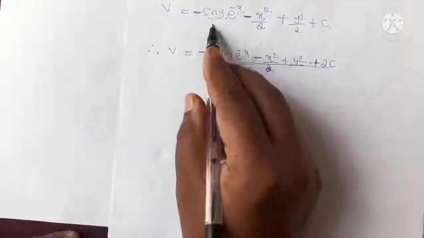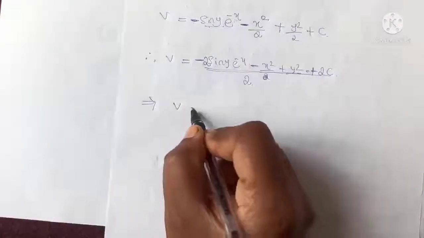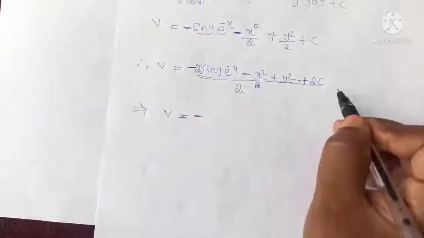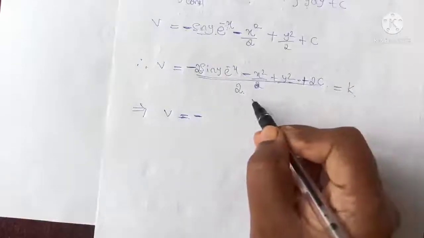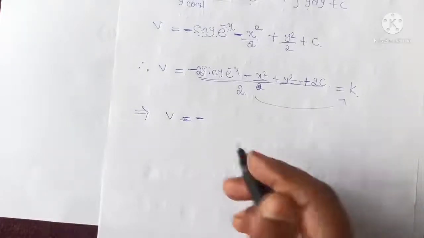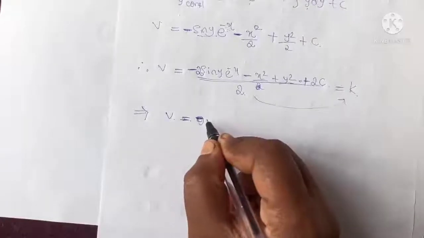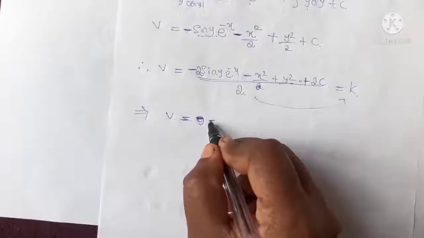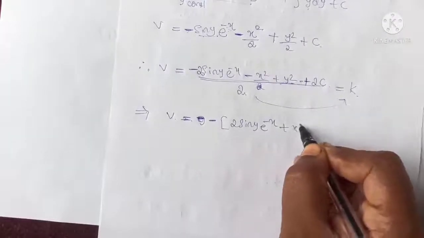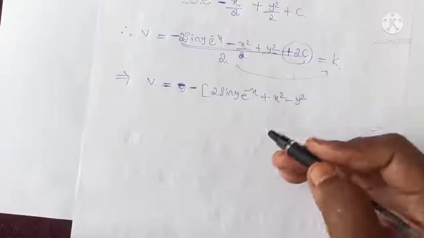Since v is equal to some constant k, sending this 2 to the other side we get 2k, which is nothing but another constant. Taking the minus common, we get 2 sin y e raised to minus x plus x square minus y square, with minus of a constant equal to another constant.